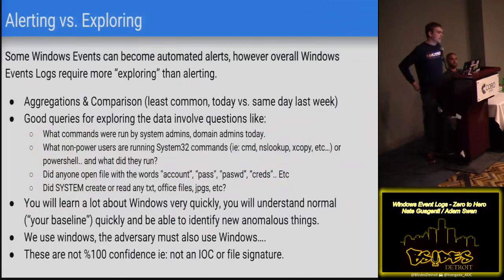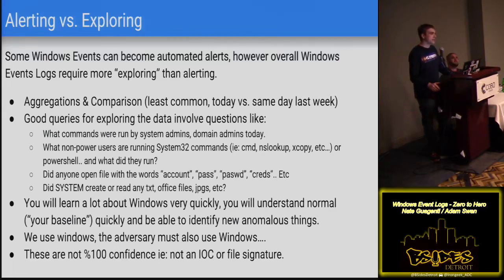So, the idea of Windows logs is that they're passive, right? A lot of analysts are used to this alerting framework where you're basically like, I only want to see stuff that is known malicious. Well, with Windows event logs, and especially PowerShell, there are so many bypasses that you can do.